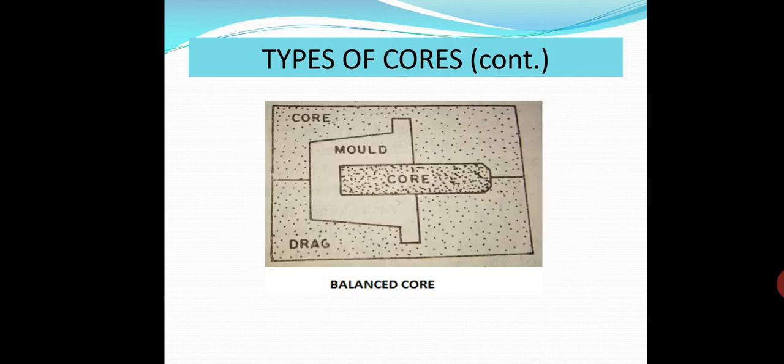So this is an example of a balanced core. Part of the core is inside the mold and part of the core is not supported inside the mold.